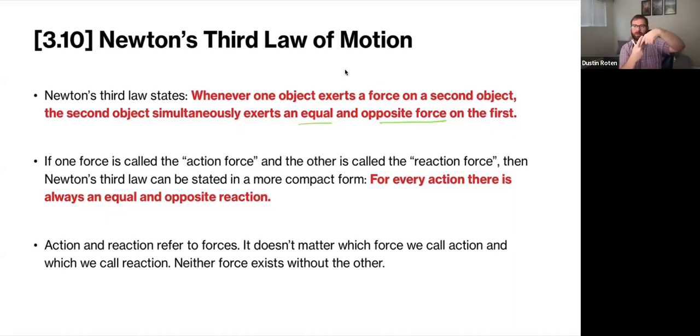Remember, that's what caused the hammer to stop. If one force is called the action force and the other the reaction force, we can simplify this statement of Newton's third law.